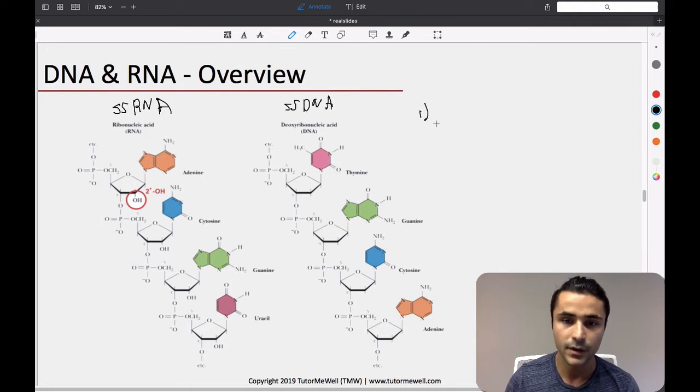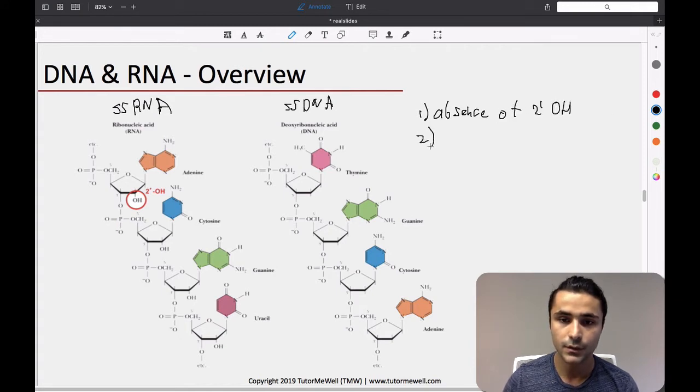We're going to talk about the number one difference between these two, and I'm going to talk from the perspective of DNA. If you look at this 2' carbon here, you'll see that it does not have an OH. So I'm going to say absence of 2' OH.